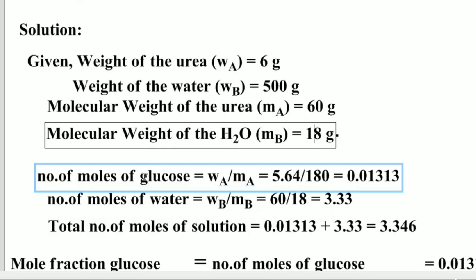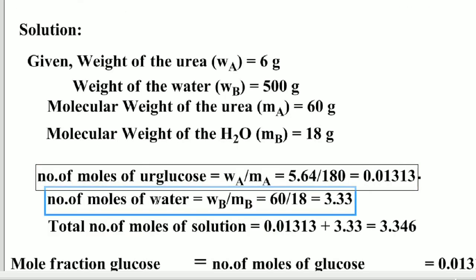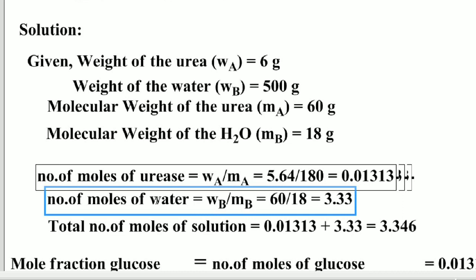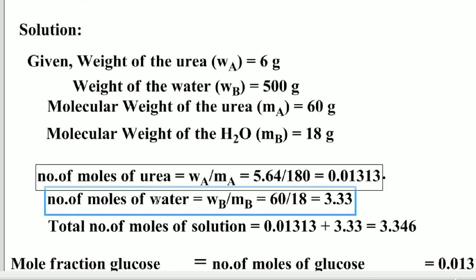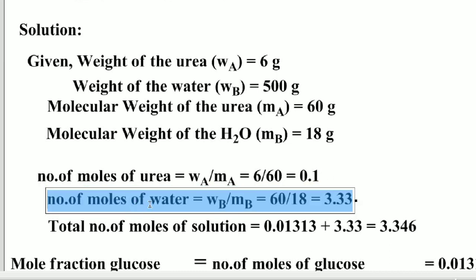Now we can calculate the number of moles of urea. The number of moles of urea equals the weight of urea divided by the molecular weight of urea, that equals 6 by 60, that equals 0.1 moles.